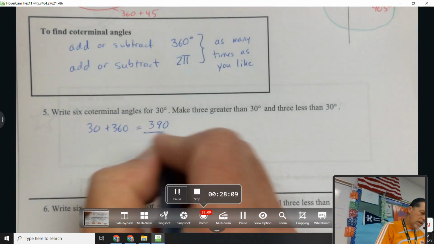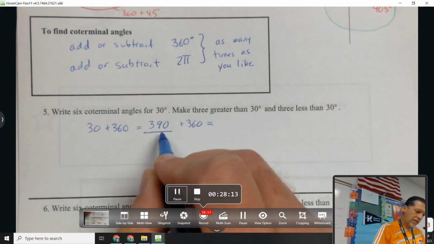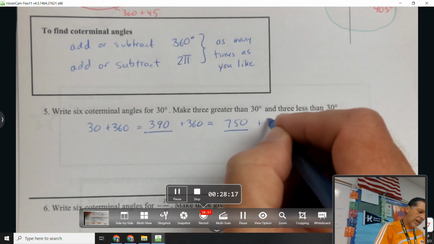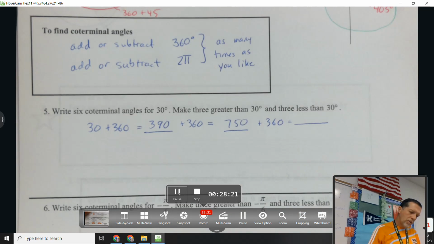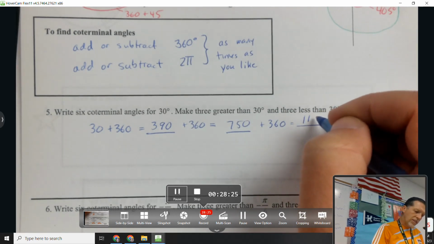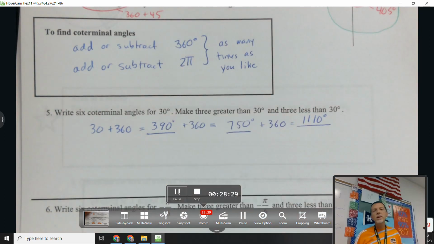If I add 360 again, that would be 750. And if I add 360 again, I've got to carry the 1 this time, so 1110. So there's 3 coterminal angles with 30 degrees.